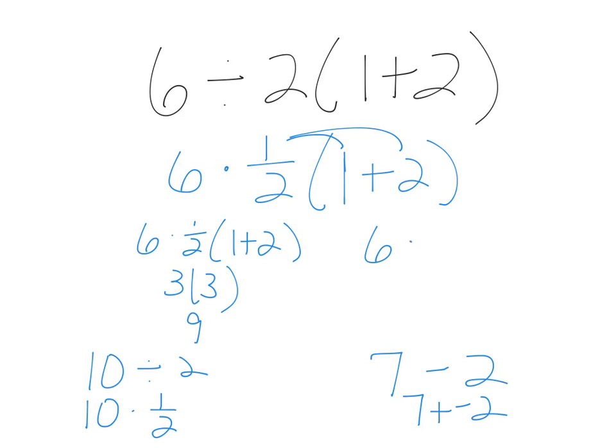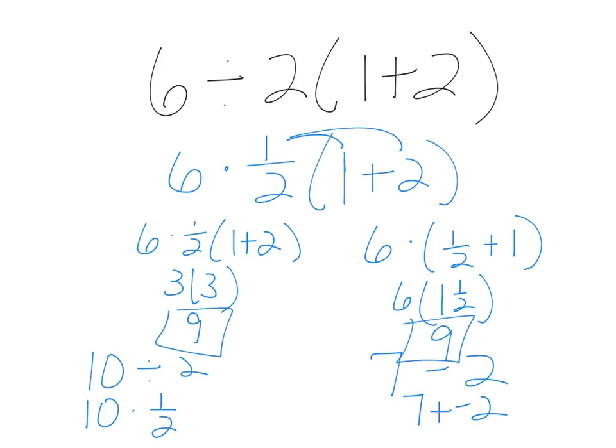That gives us 6 times 1/2 times 1 is 1/2, sorry, 1/2 times 2 is 1. And then 6 times 1 and 1/2. Well, what's 6 times 1 and 1/2? Well, 6 times 1 is 6. 6 times a half is 3. That gives us 9. Any of these ways would be an acceptable way to get the correct answer of 9.